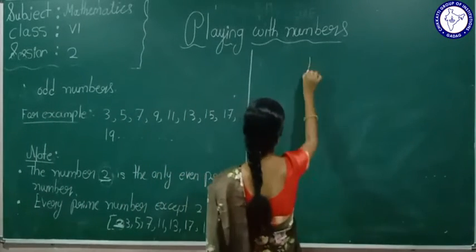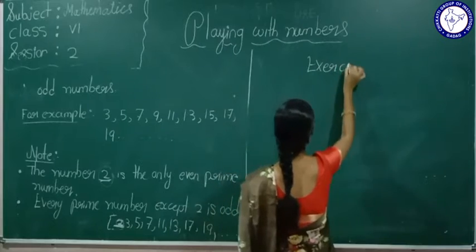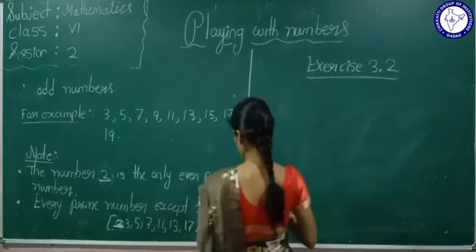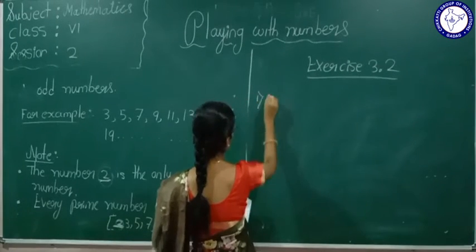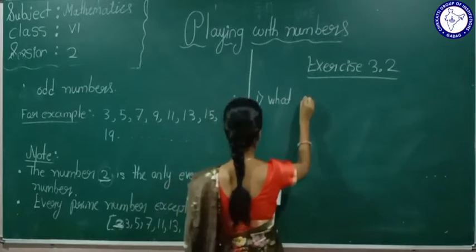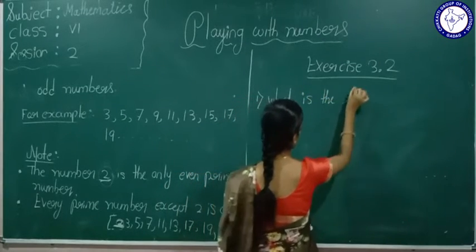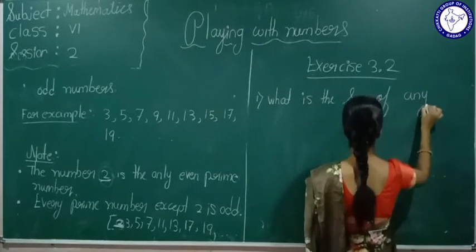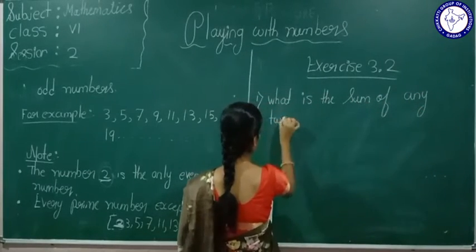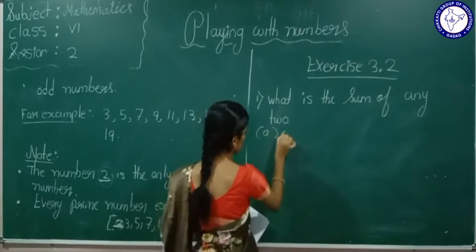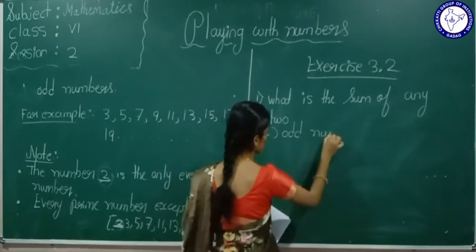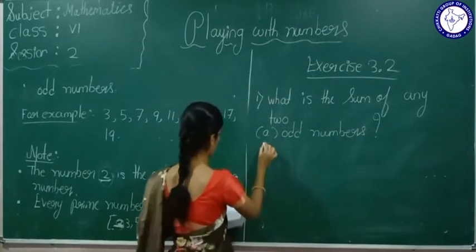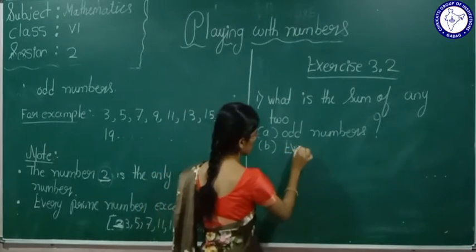So the exercise 3.2. The first one: what is the sum of any two odd numbers, and second one, even numbers.